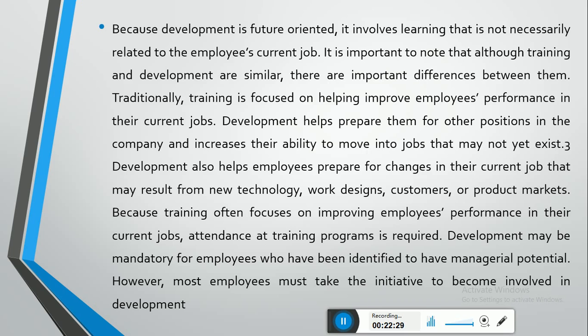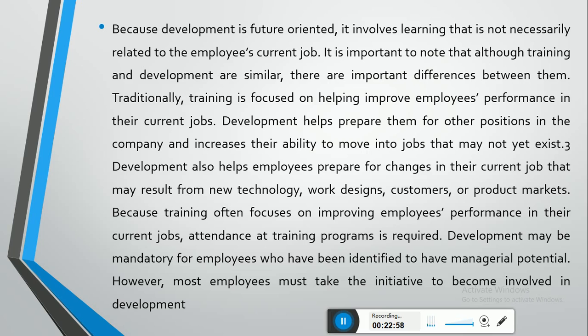Because development is future oriented, it involves learning that is not necessarily related to employees' current job. It's important to note that although training and development are similar, there are important differences between them. Traditionally, training is focused on helping improve employees' performance in their current job. Development helps prepare them for other positions in the company and increases their ability to move into jobs that may not yet exist.